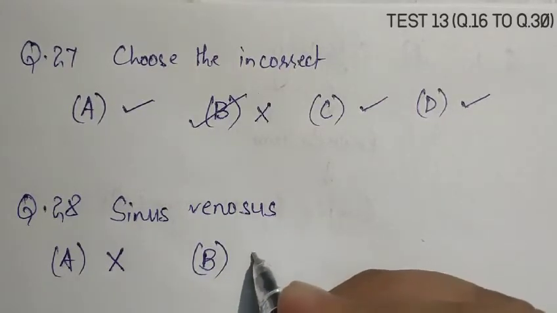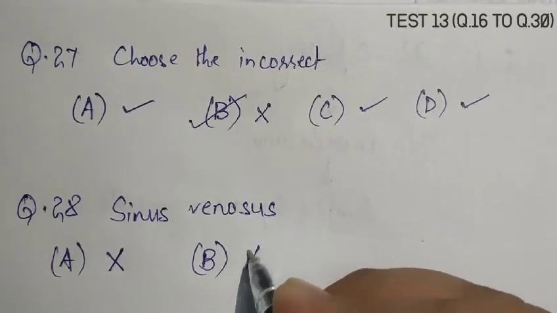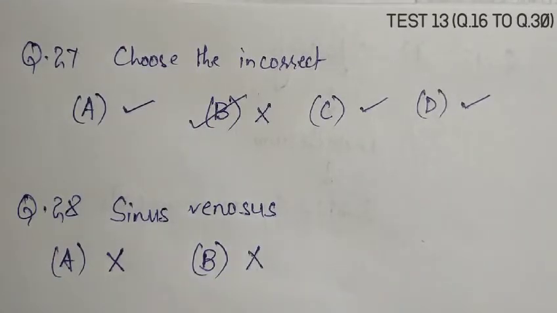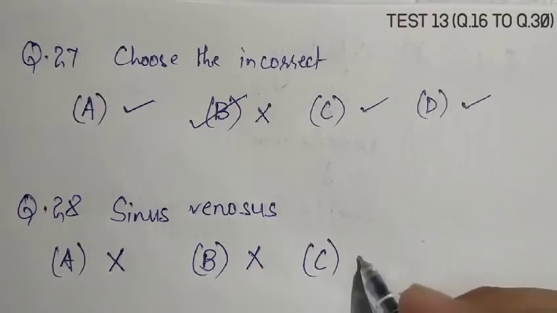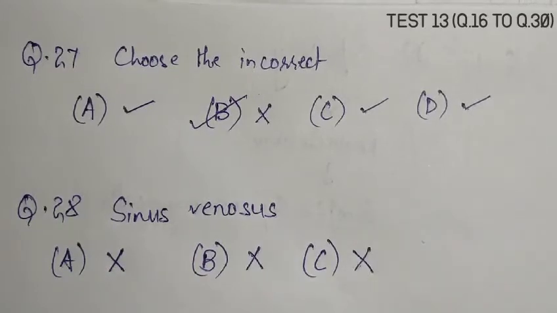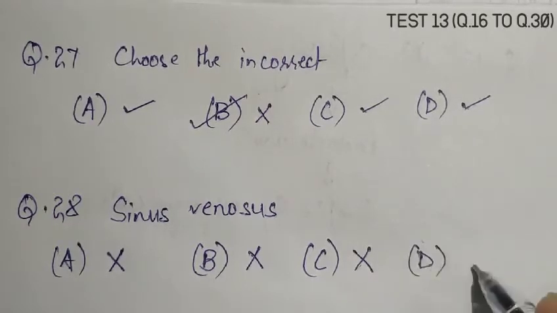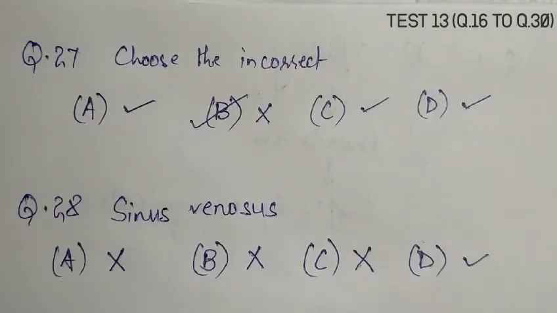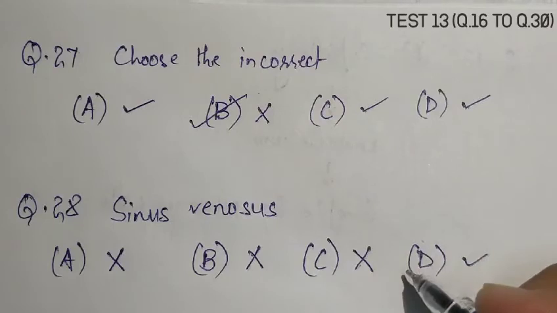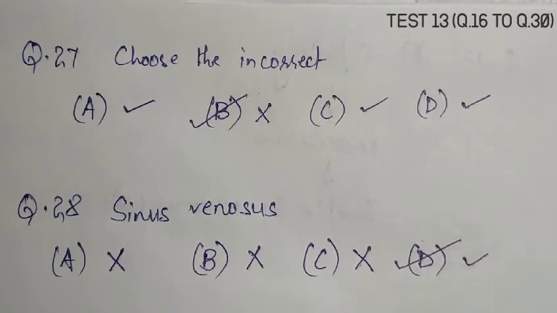This statement is also false. C: it sends blood to the dorsal aorta. This statement is also false. D: it opens in the right auricle. This statement is correct because it receives deoxygenated blood from the body. So the correct answer is D.